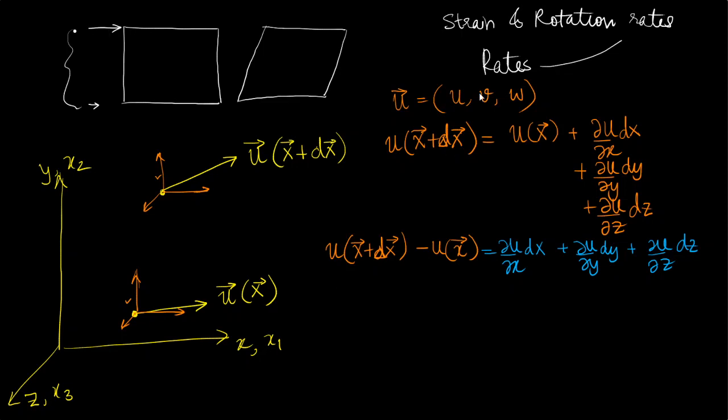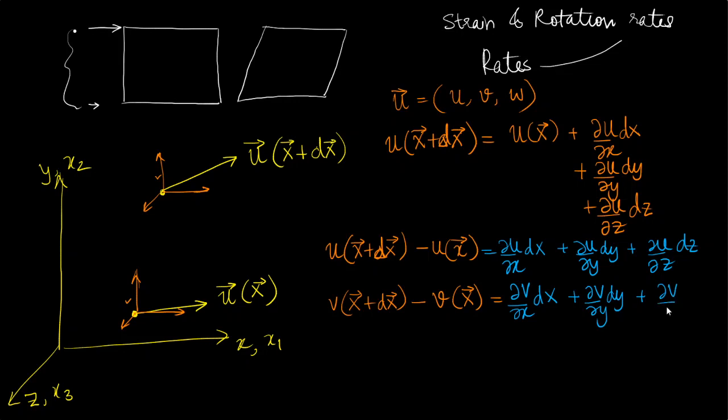Similarly, we can write the v component at x plus dx minus the v component at x as del v del x dx plus del v del y dy plus del v del z dz.